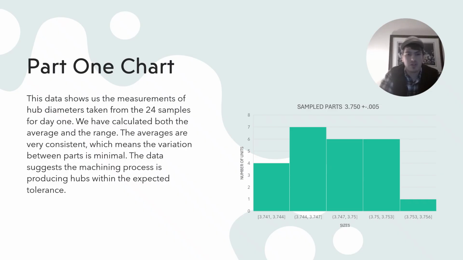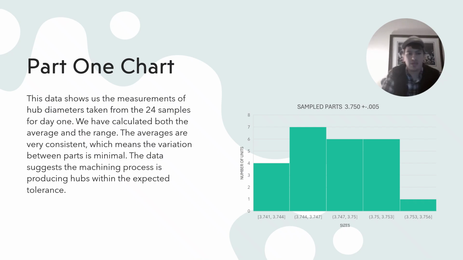So for the part one chart, we noticed all the charts have 24 data sets. This data shows us the measurements of each hub diameter taken from 24 samples, from day one, and this came from page 216.